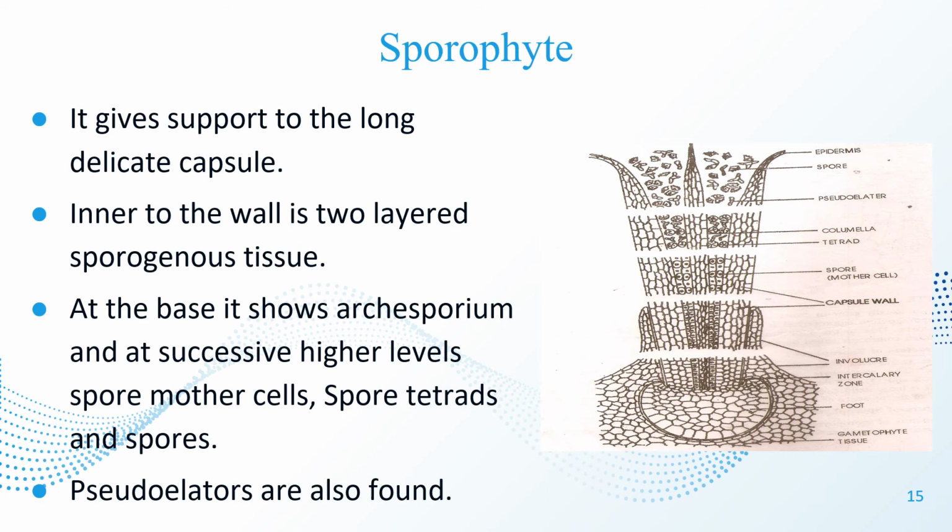At the base, it shows archesporium, and as you go towards the upper side, at successively higher levels, you see spore mother cells, then spore tetrads, and then spores, as well as some pseudoelaters which are formed in Anthocerotae.